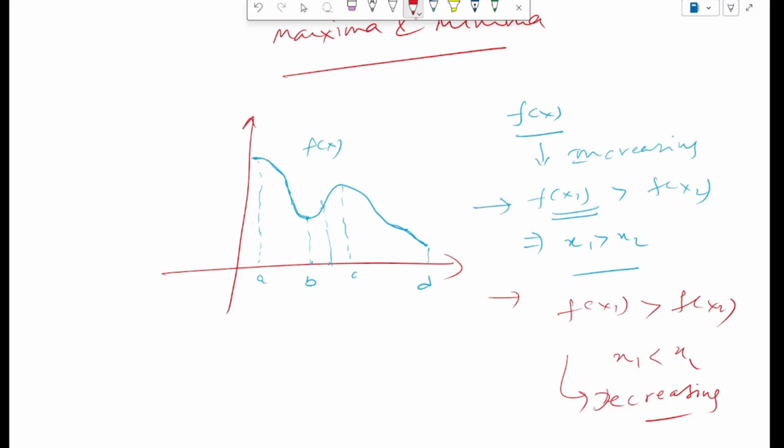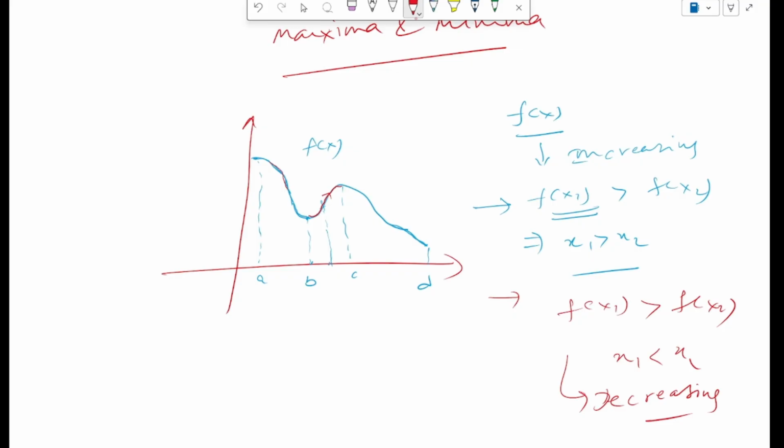By seeing the graph, we can say if the values are getting lesser and lesser when we increase the value of x, then the function is decreasing. When we increase the value of x and the function value is increasing, then we say that the function is increasing in that interval of the domain of the function.